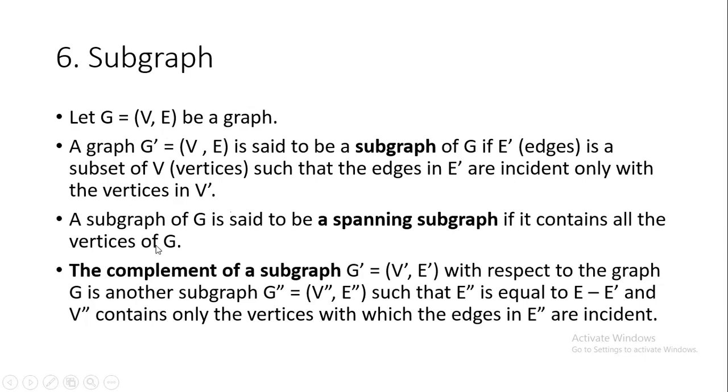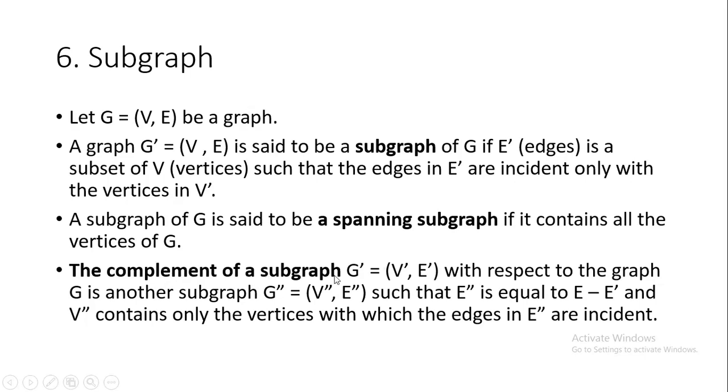Then a subgraph of G is said to be a spanning subgraph if it contains all the vertices of G. This subgraph is also called a spanning subgraph if it contains all the vertices of G. Then another term is the complement of a subgraph G dash.